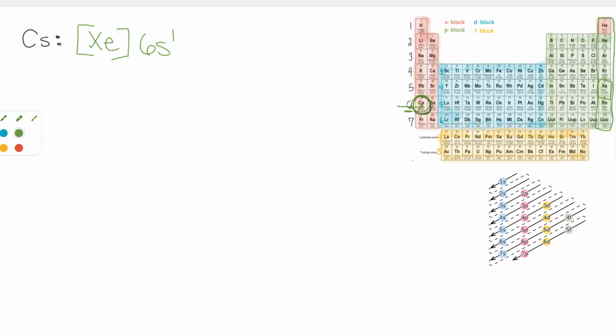All right, let's do another one. Let's write the noble gas notation for molybdenum, Mo. I'm going to erase some of this.